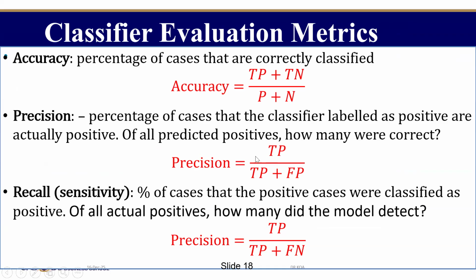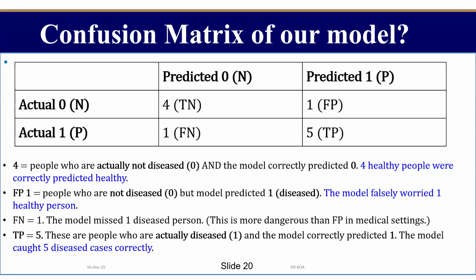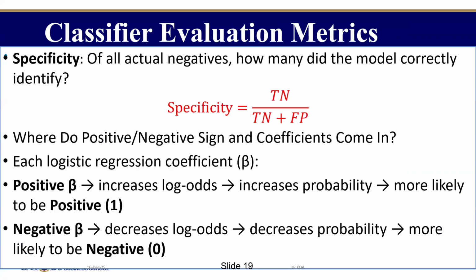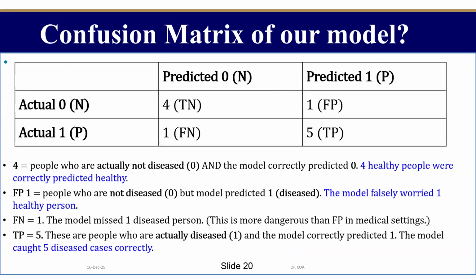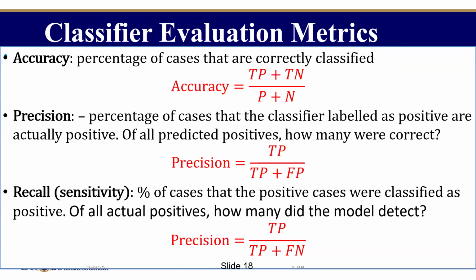Now, what do you think will be the value for the precision? What was the value for TP? 5. And what's the value for FP? FP is 1. So what will be the precision? 0.83, 83%, isn't it?